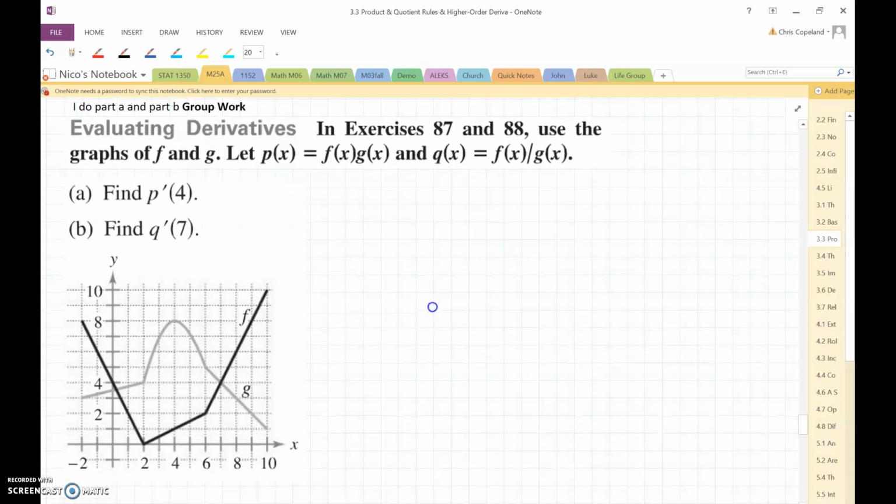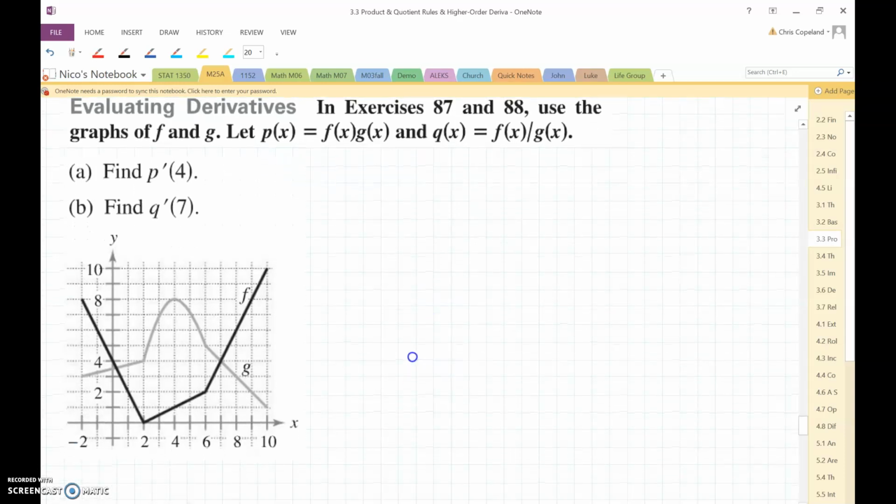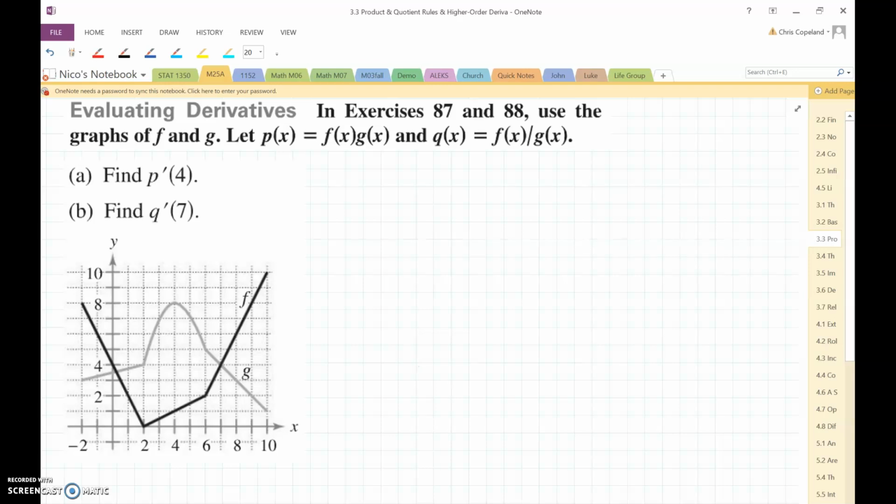Okay, let's look at this problem here. It says evaluate derivatives. Use the graph of f and g. So we've got this graph here in yellow. Call that f.